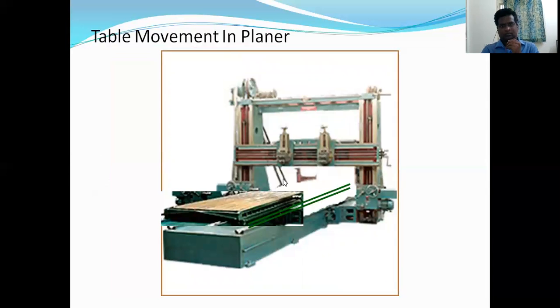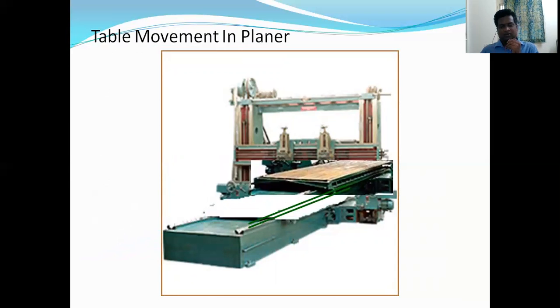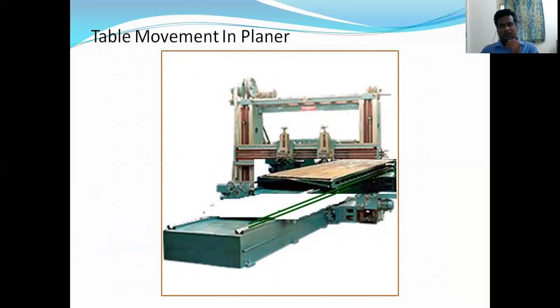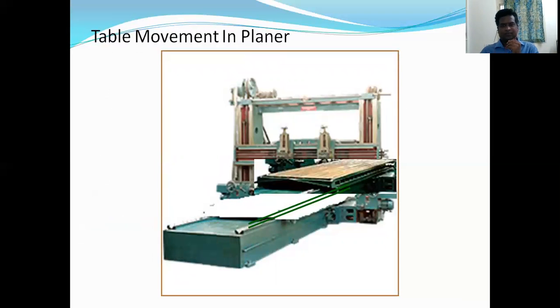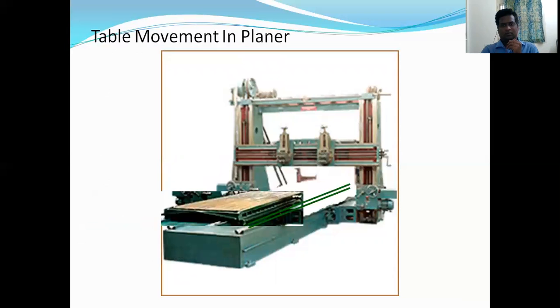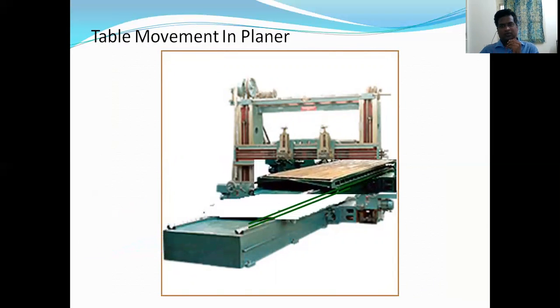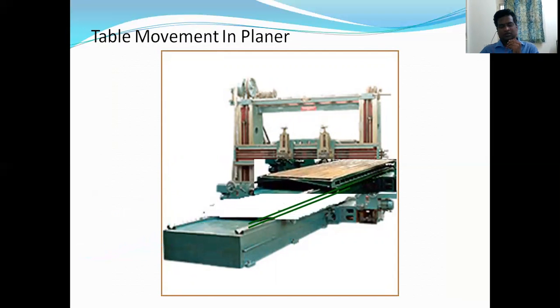So in the animation, we have observed this. Right? The table is moving. We have observed it in the diagram. The table is moving, and the cutting tool is at a fixed position. On this table, the workpiece is fixed, right?